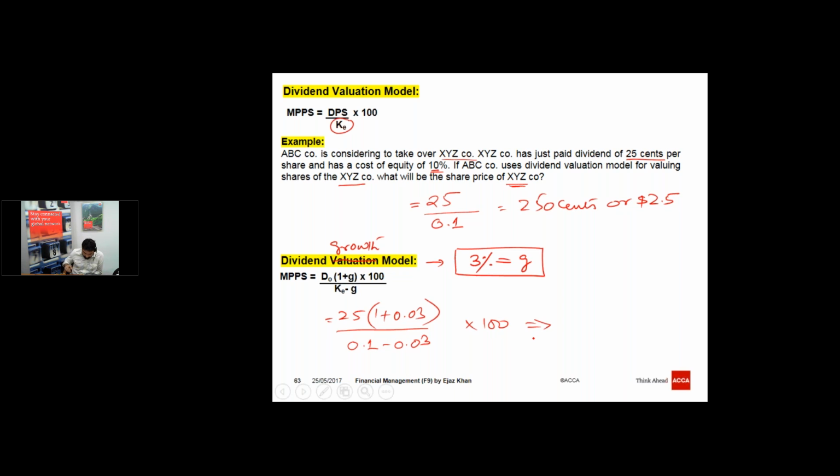So what will be the final answer? 25 into 1.03 divided by 0.1 minus 0.03, multiplied by 100.